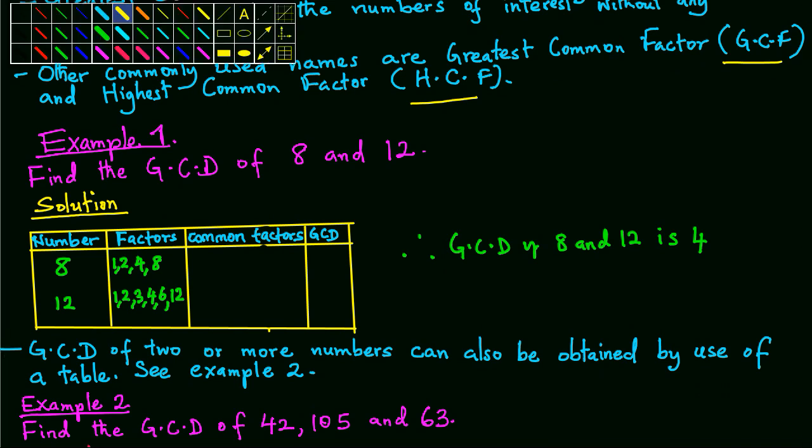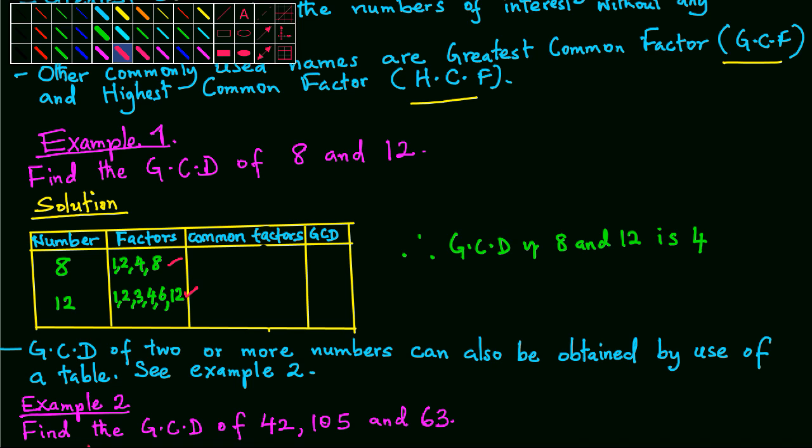So the factors of 8 are 1, 2, 4, and 8. Factors of 12 are 1, 2, 3, 4, 6, and 12.